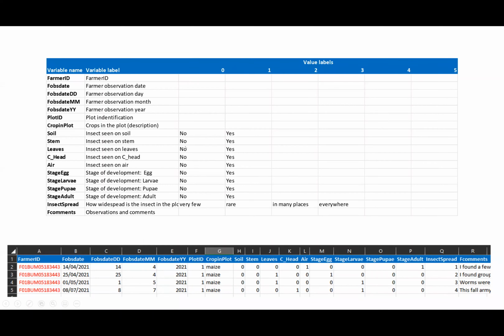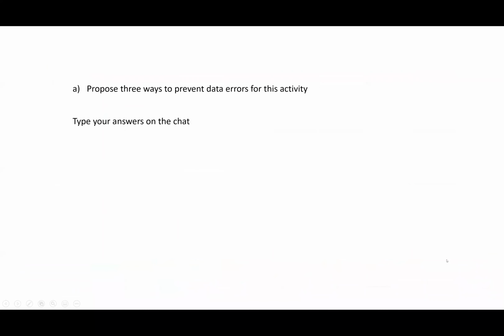Notice that they created a dictionary where there are codes here, and 0 means no, and 1 means yes for these variables here. And 1 means rare for the insect spread.